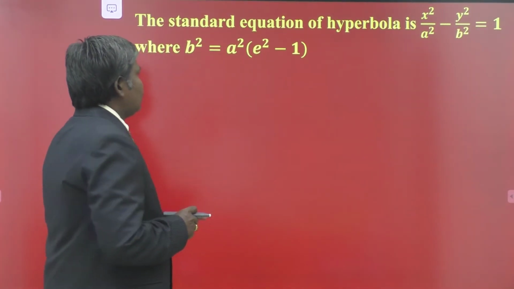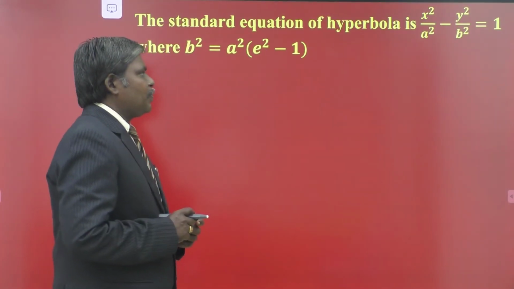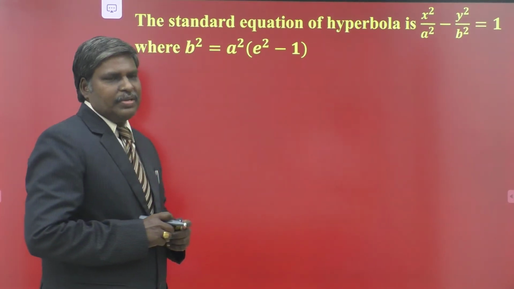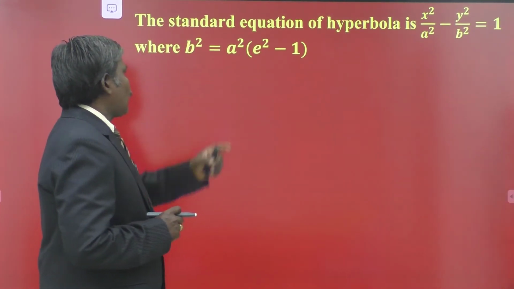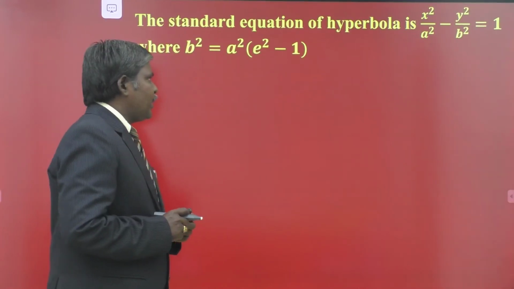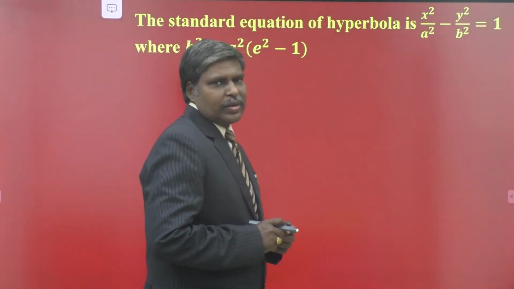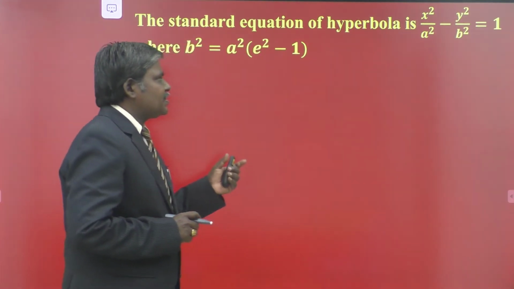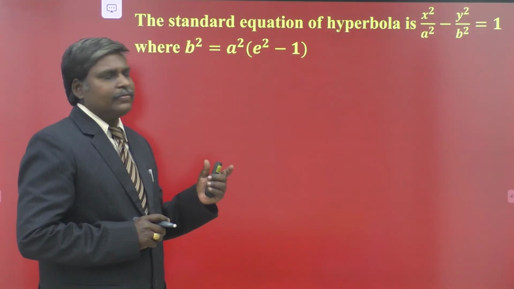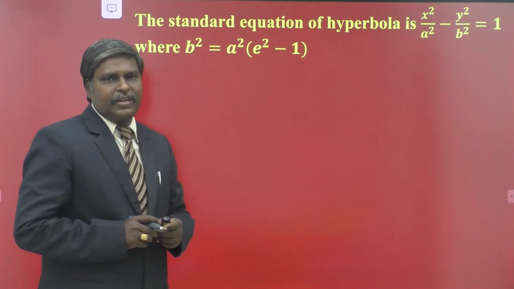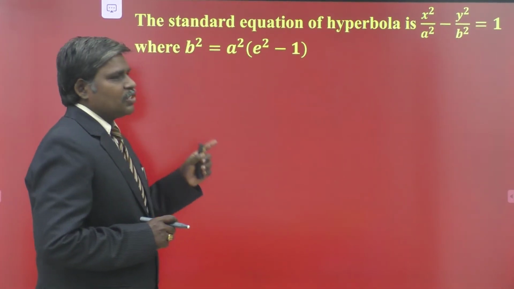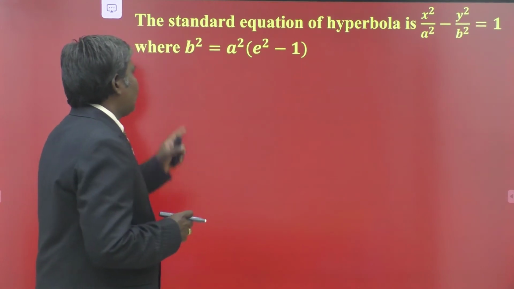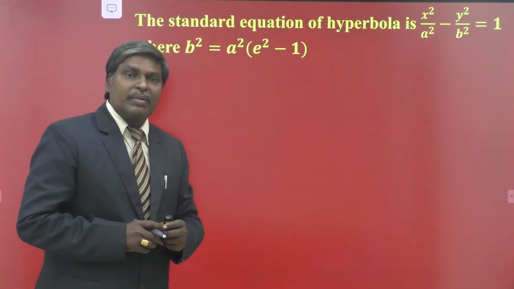Now let us derive the standard equation of the hyperbola x square by a square minus y square by b square is equal to 1, where b square is equal to a square into e square minus 1. The derivation is the same as the derivation of the standard equation of the ellipse, x square by a square plus y square by b square is equal to 1, where b square equals a square into 1 minus e square.